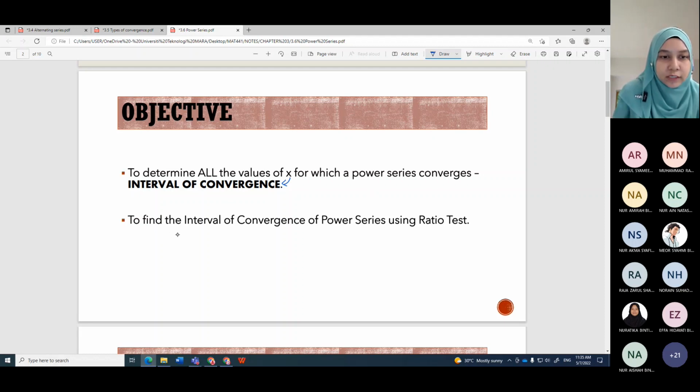Okay, then to find the interval of convergence of power series using ratio test. Okay, second objective, we use the ratio test. Ratio test yang ada mention sebelum ni dalam 3.3, one of the convergence test.